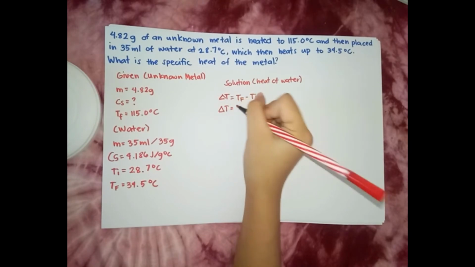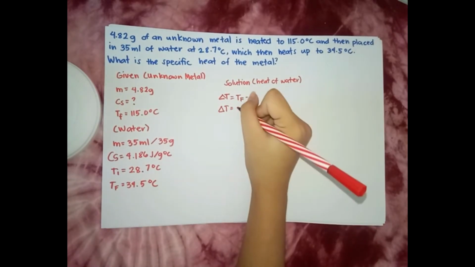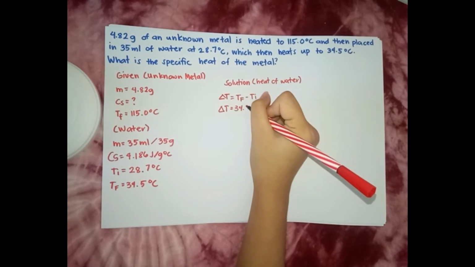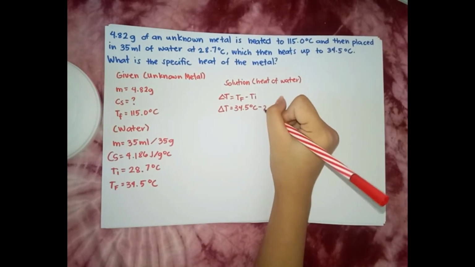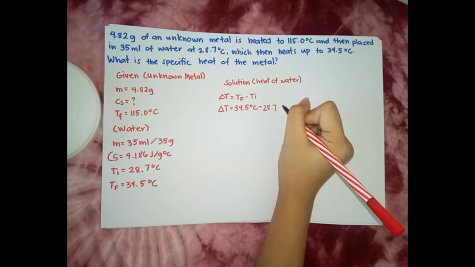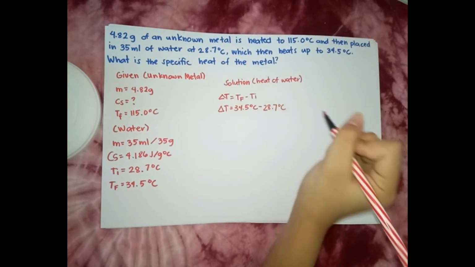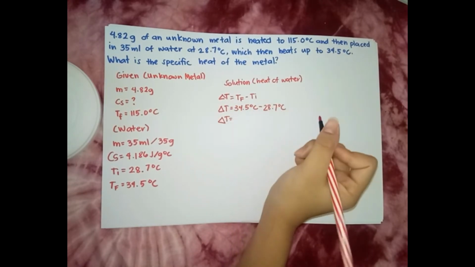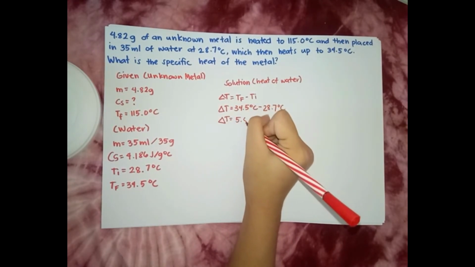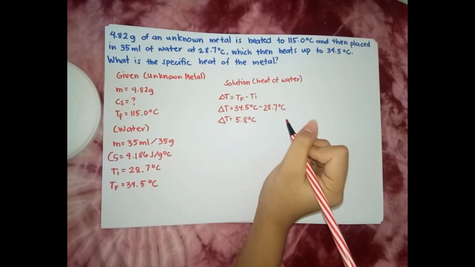So delta T equals 34.5 degrees Celsius minus 28.7 degrees Celsius. So when we find the difference of these two, we now have 5.8 degrees Celsius.